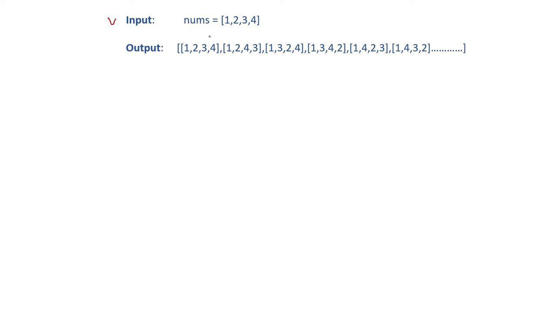Using 1, 2, 3, 4, one present can be 1, 2, 3, 4, or 1, 2, 4, 3, or 1, 3, 2, 4, 1, 3, 4, 2, 1, 4, 2, 3 and so on. And how many in total are possible? It will be 4 factorial, that is 24, 1 into 2 into 3 into 4.